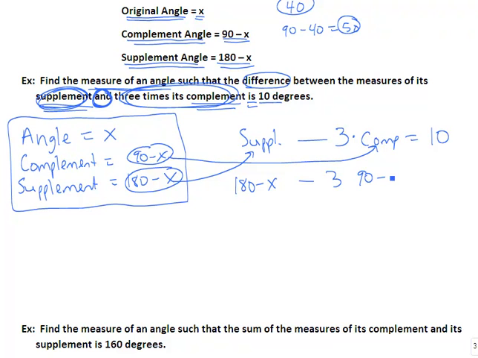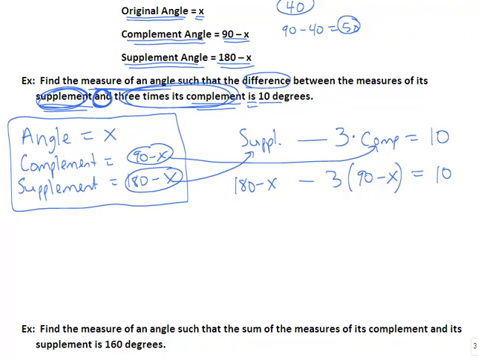Now don't write it just 90 minus x. You need parentheses around it because we want 3 times that whole complement. So here is our equation. The supplement minus 3 times the complement is 10. Whew, that's the hard part, setting up that equation.